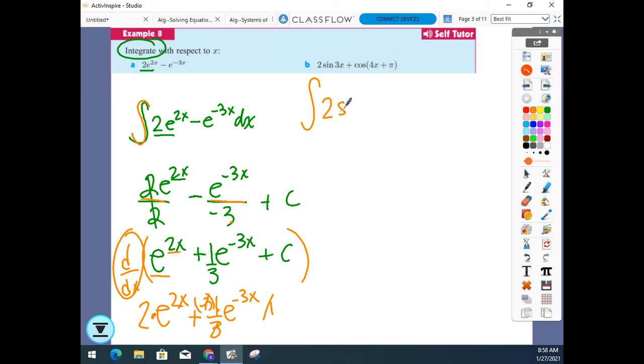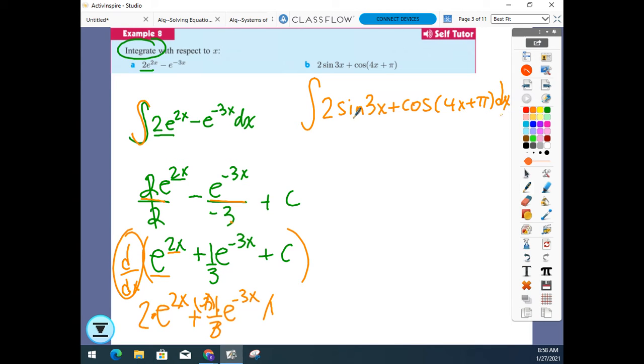So integrate. Be really careful with sine and cosine. You're just so used to sine being positive and cosine being negative. Every time you're doing your calculus on the IB test, I would always refer back to your formula booklet. Don't even chance it.